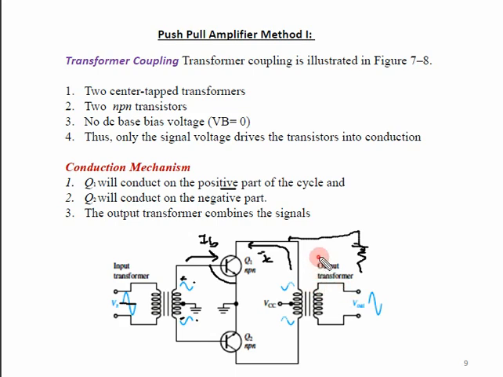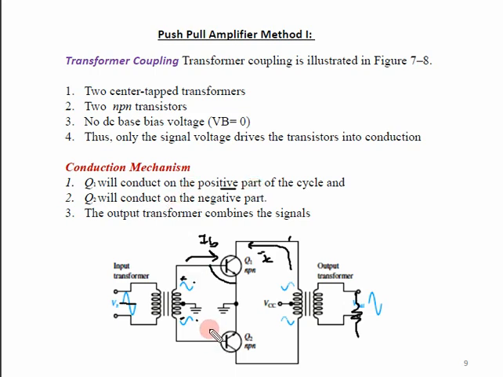Basically, over here is the load RL. So this is for the first positive half cycle.